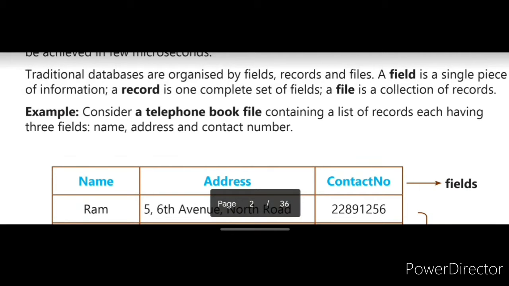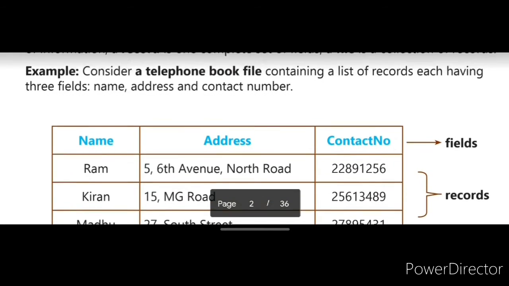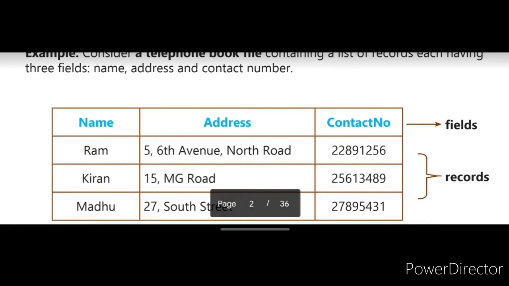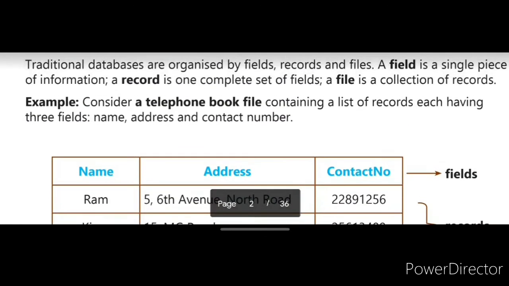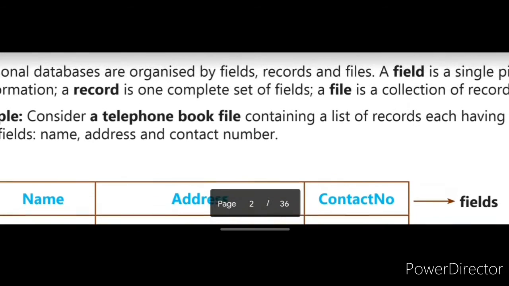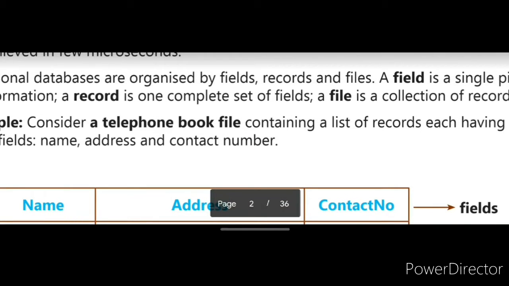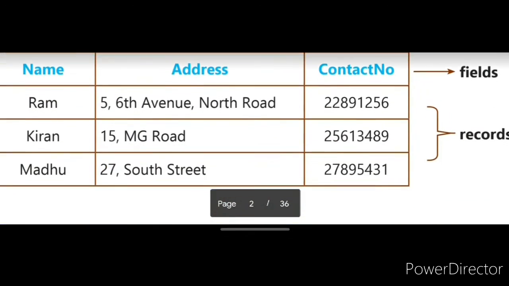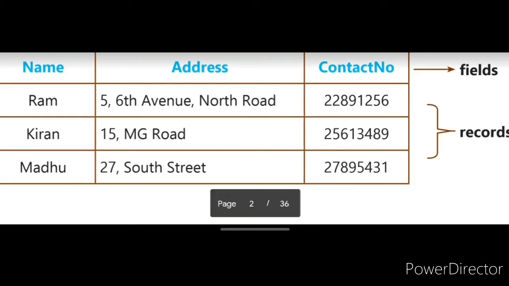Let me have a quick recap. So traditional databases are organized by fields, records and files. What is field? Field is nothing but a single piece of information. In this example, name, address and contact number are the fields. Okay, next, a record is one complete set of fields. So here in this example, the data given under the name, address and contact number are the records.